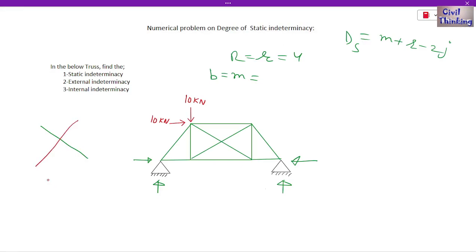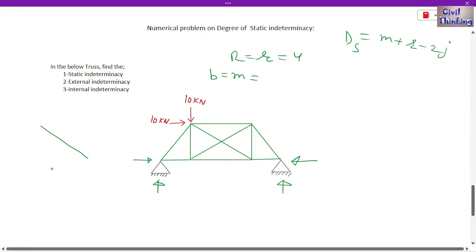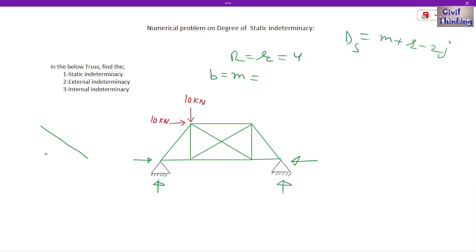This is not a joint. They are just overlapping on one another. Let me show you. I hope you'll understand. This is not a joint basically. That's what I want to say.